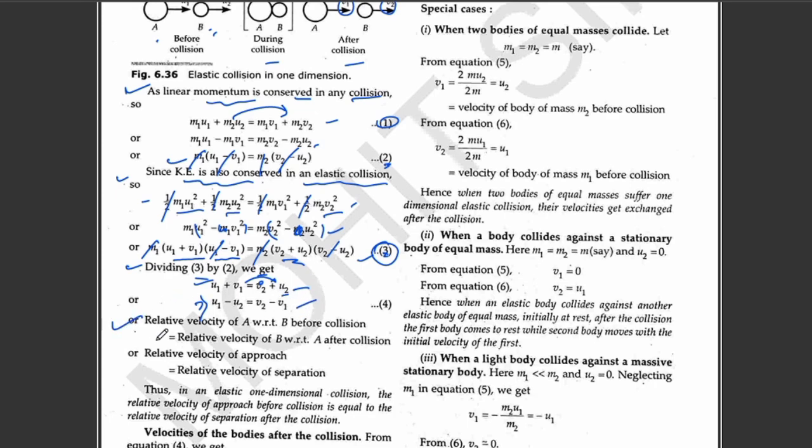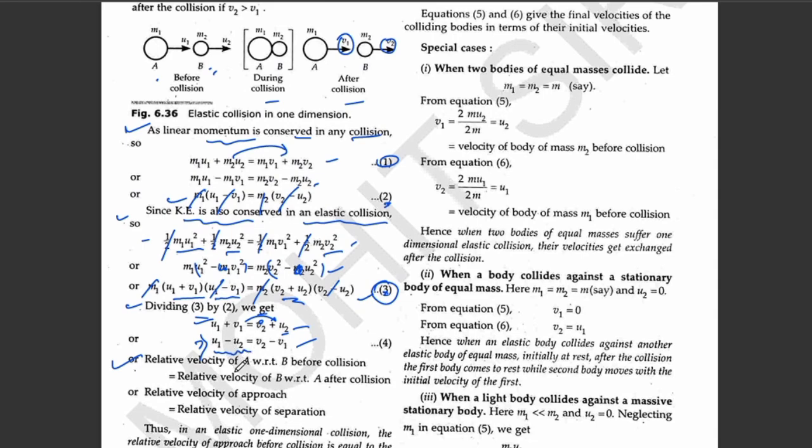So u1 minus u2 represents the relative velocity of A with respect to B before collision, since this velocity is u1 and this is u2. And v2 minus v1 is the relative velocity of B with respect to A after collision.